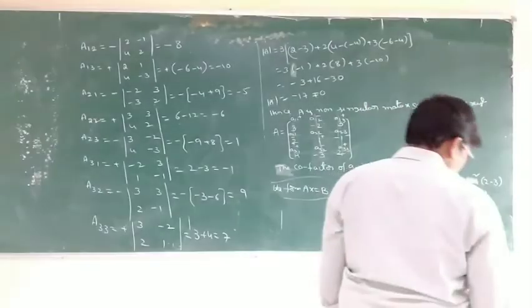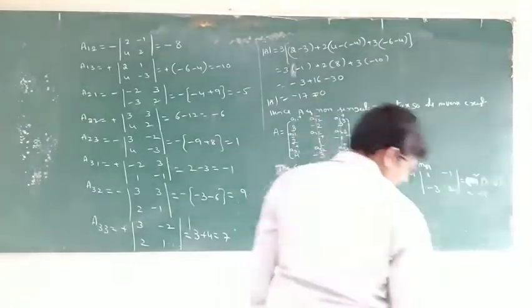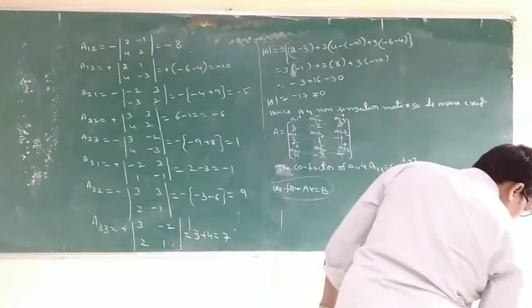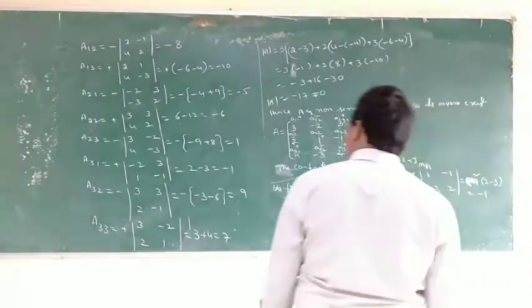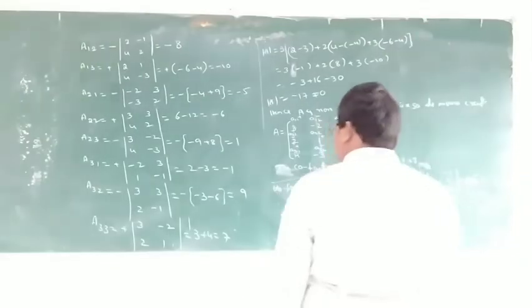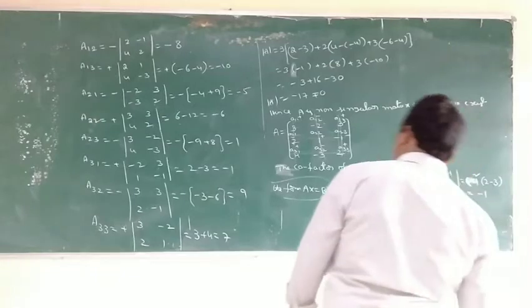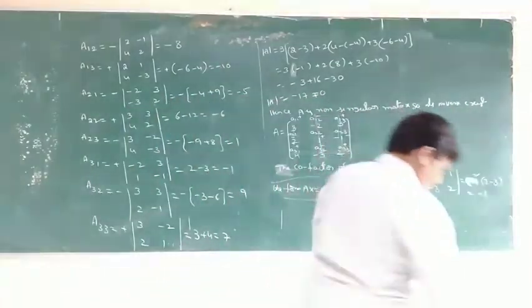A11 is minus 1, A12 minus 8, A13 minus 10, A21 minus 5, A22 minus 6, A23 1, A31 minus 1, A32 9, A33 7. This is only the cofactors.